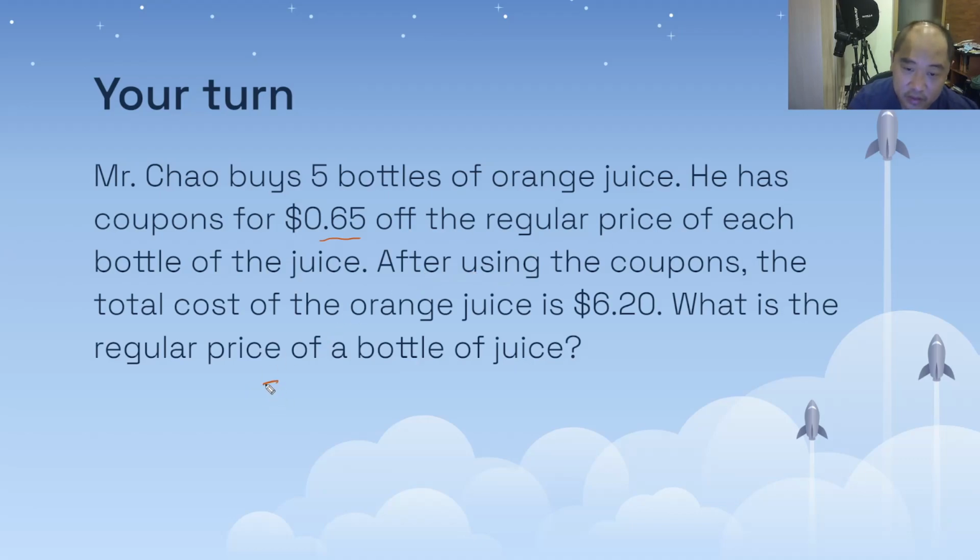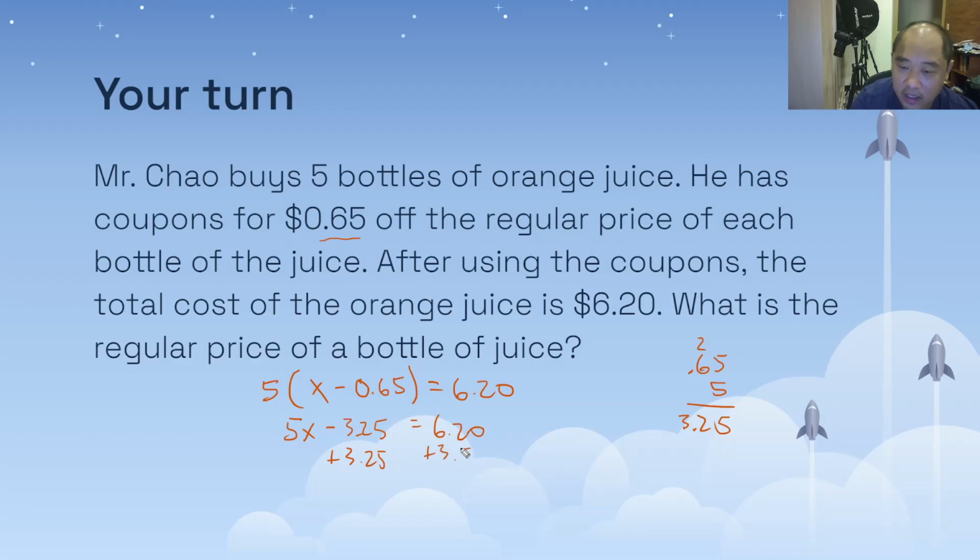Welcome back. Okay, so it's 5 bottles times the original price minus 0.65 equals $6.20. So 5x minus, what is 65 times 5? 25, 30, 32, $3.25 equals 6.20 plus 3.25.